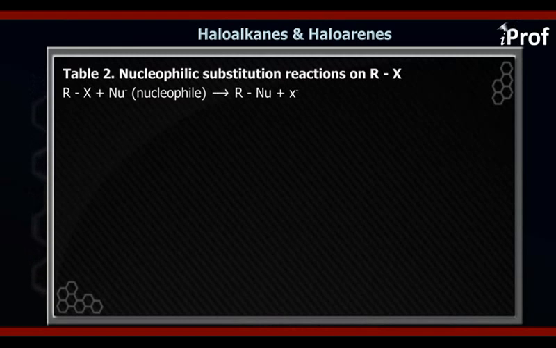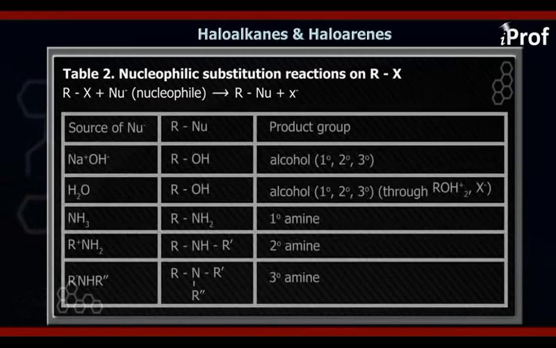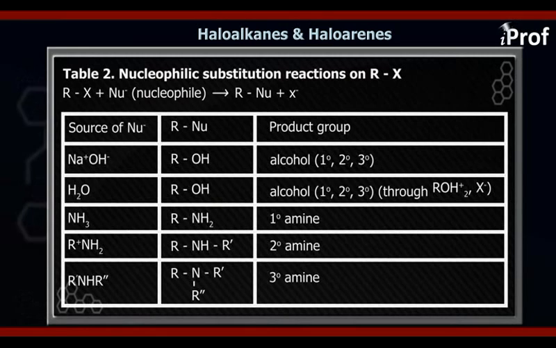Now whether SN1 has to take place or SN2, we have already seen what are the conditions for SN1 and what are the conditions for SN2. Now let us see some of the examples of the SN1 or SN2 mechanism or nucleophilic substitution reactions shown by RX, that is alkyl halides.